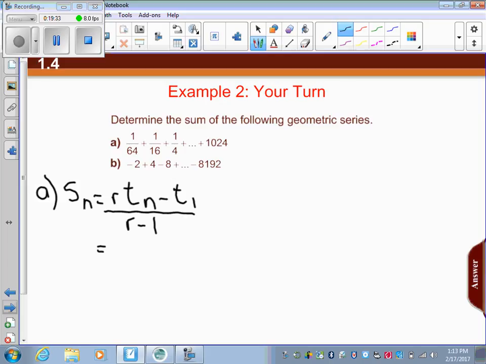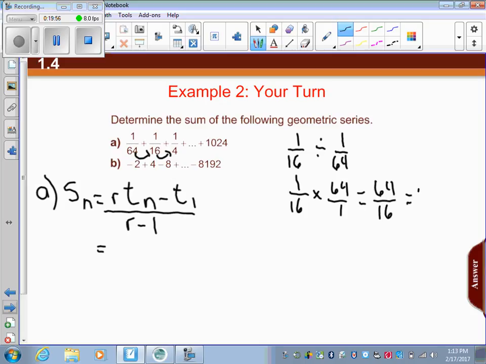And sometimes these ones are not as clear when they're fractions for people. So as a little sidebar, you do 1/16 divided by 1/64. Cross multiply or flip and multiply, which would give you 64 over 16, which is 4. And my ratio is 4.